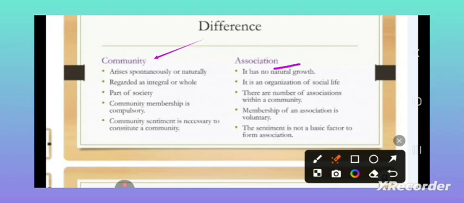An association has no natural growth, it is deliberately created and planned by people. Scope and nature related to community and association. A community is regarded as integral or whole, it covers all aspects of life. An association is an organization of social life, it is part of the whole social community.